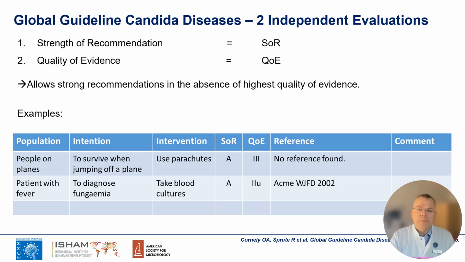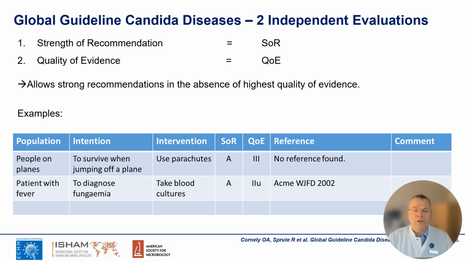And the strength of recommendation for this would be an A, but it has never been formally tested, so it's only opinion. Maybe one would find something that is called a series or a cohort, but certainly not a randomized trial. So that's a typical example for an A3. That's completely artificial, of course, and we don't even find a reference for this.